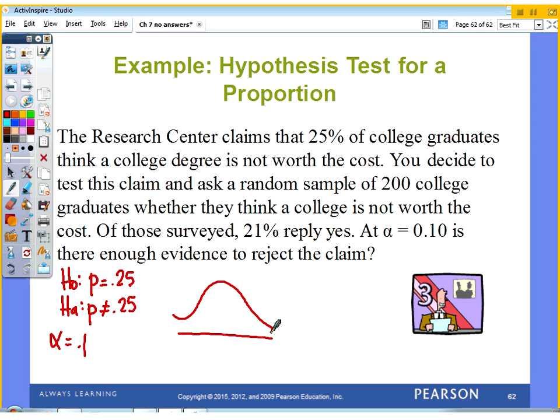So to find my critical values, this is a two-tailed test. If alpha is equal to 0.1, I have to divide it in half since there's two tails. So each tail would get 0.05. Looking in your table backwards, you get the negative 1.645 and positive 1.645.